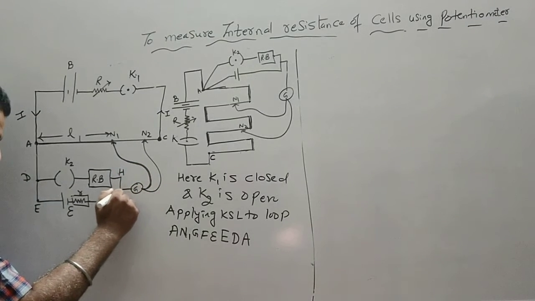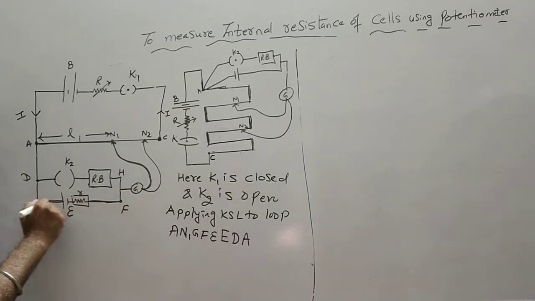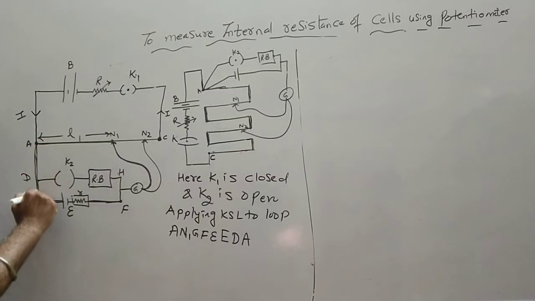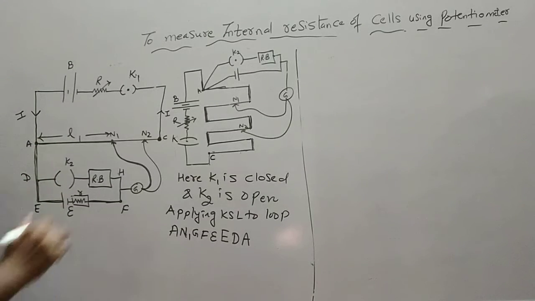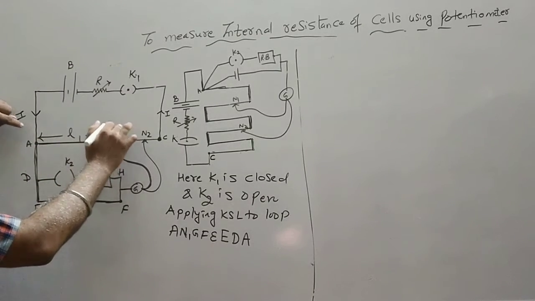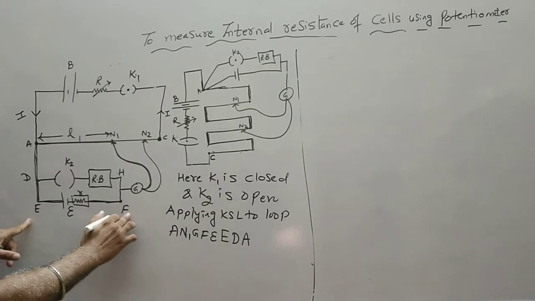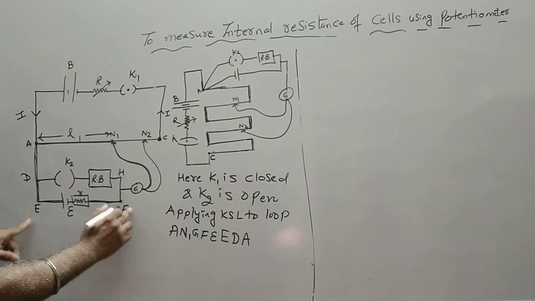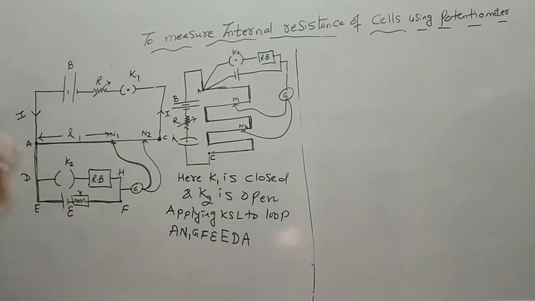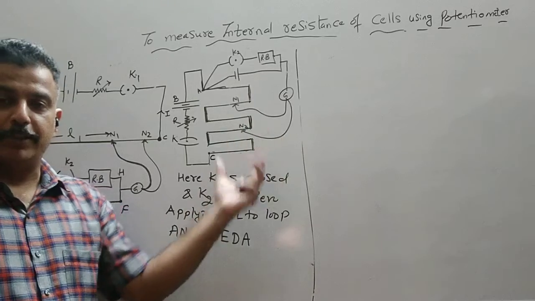So galvanometer, then this end, then this end. No current is flowing in. So the potential difference across AN1 should be equal to EF, and the potential difference across EF is nothing but the EMF of a cell. That is what we did earlier in the previous topic.